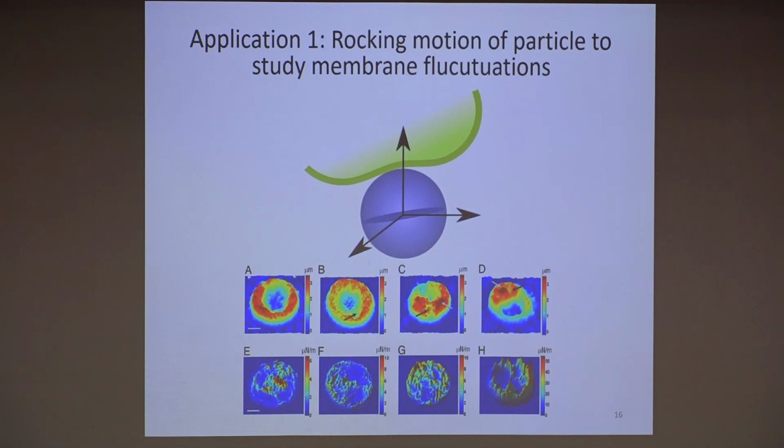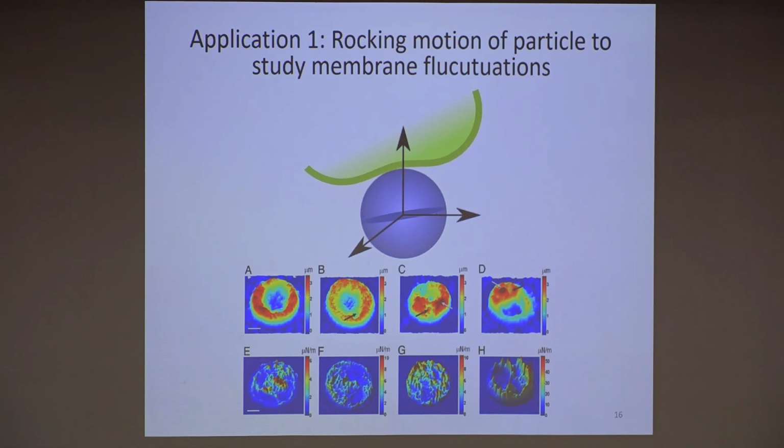One of the first things we hypothesized was that if one part pokes out and the other doesn't, you have a membrane slope there, and you can study that slope. This slope is directly connected to the rotation of the particle. If the slope is tan theta, the particle will also rotate by approximately theta, in the small angle approximation.